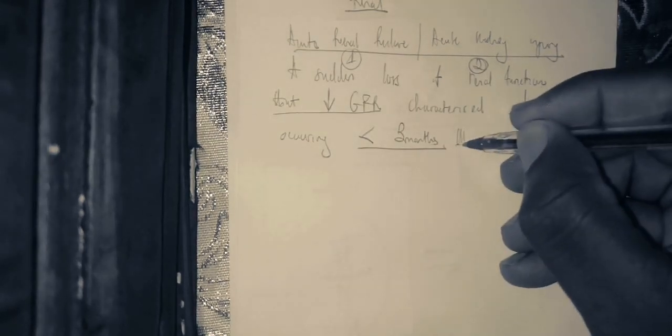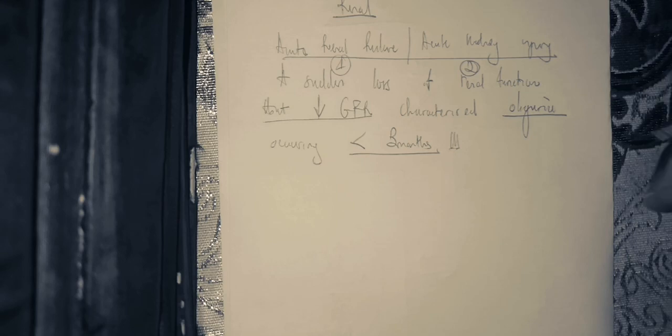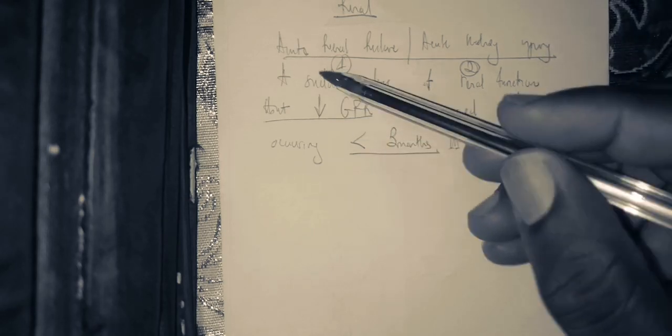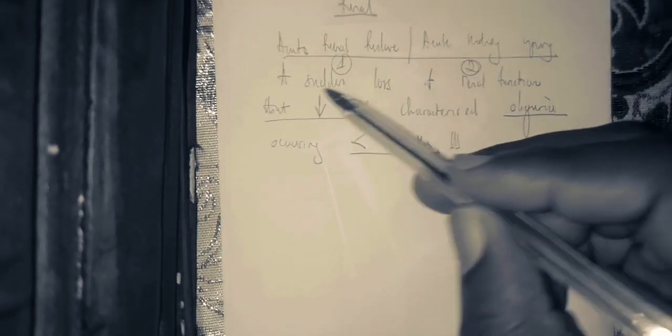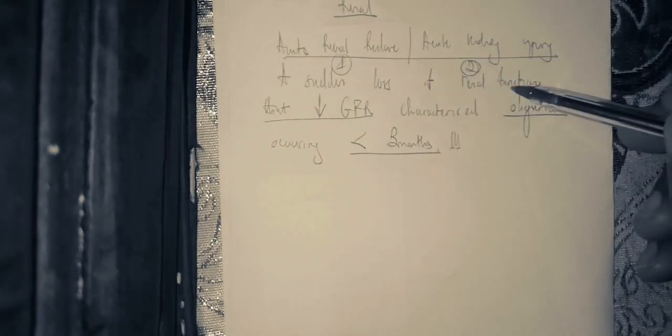Those are the elements that you must visualize in your definition of renal failure. Is it clear? Your first element, the definition of acute renal failure, is a sudden loss of renal function.